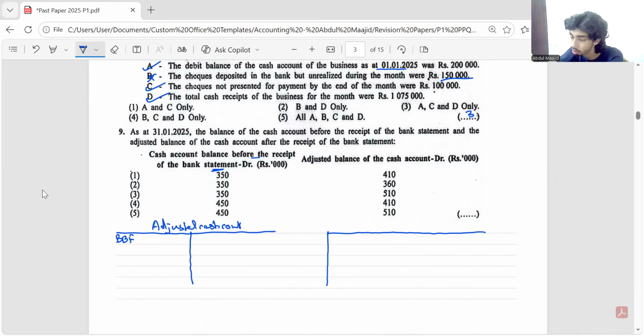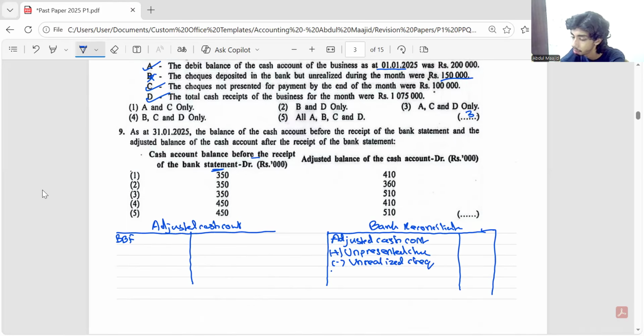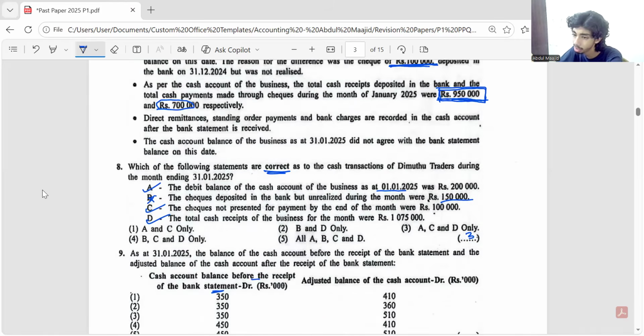Adjusted balance of cash account you can find through the bank reconciliation statement. Now here you will have adjusted cash control, plus the unpresented check, minus unrealized check. You will get balance as per bank statement.